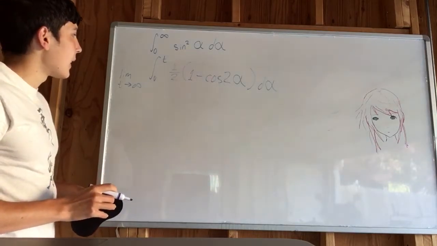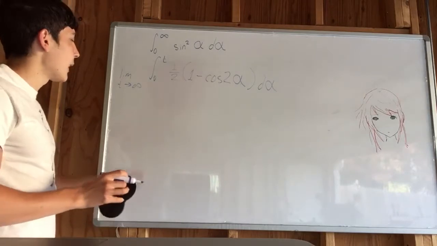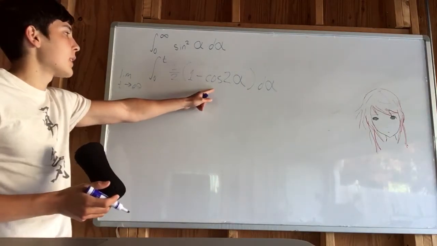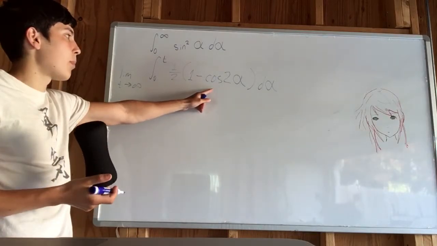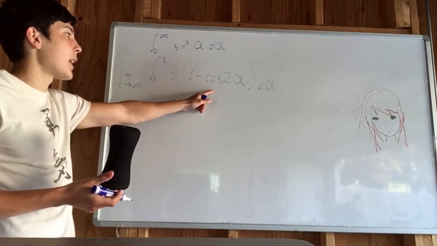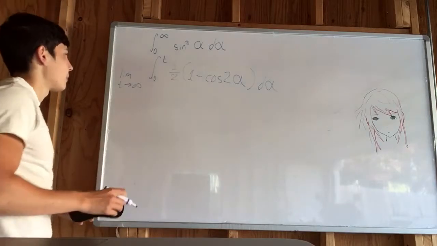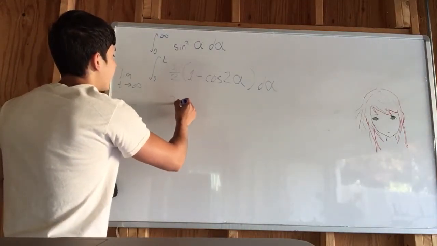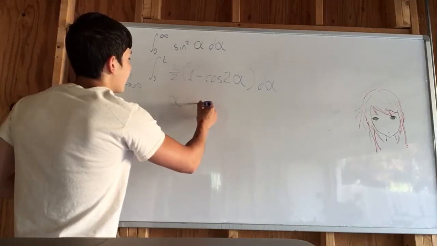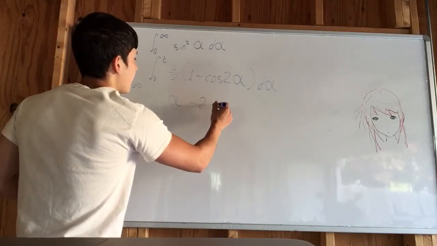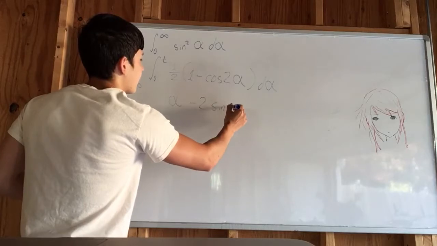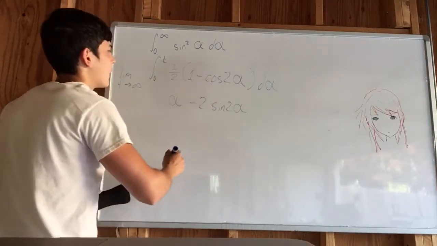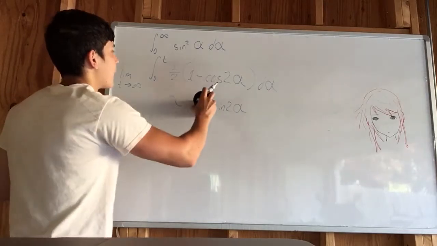So the way we integrate this is bring out the 1/2. This is going to become alpha. This is going to become negative sine of 2 alpha over 2. So we have alpha and negative sine 2 alpha over 2.